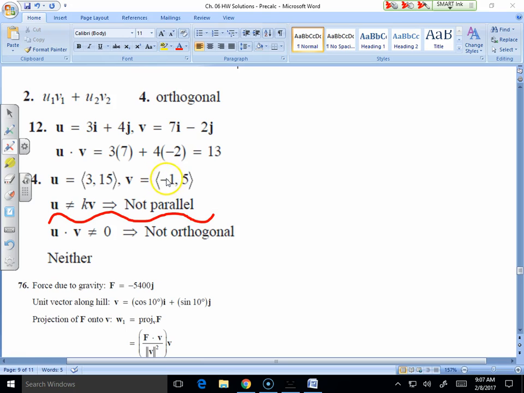A negative. The reason these aren't parallel is because we should have a negative 3, 15, which U is not. Since U doesn't have that negative, it's not parallel.